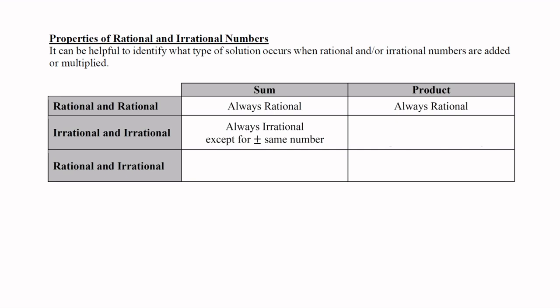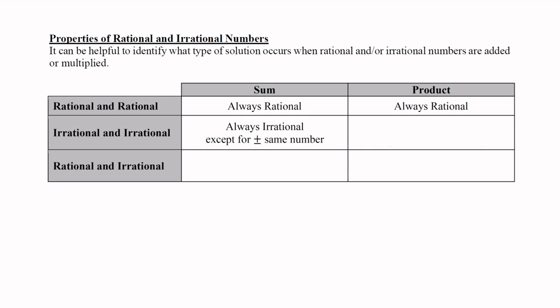For example, if you have positive pi and negative pi, and you add those together, what's your result? Well, you get 0, right? 0 is not an irrational number. So you're going to have an irrational result unless you have the positive and negative version of the same number being added together.